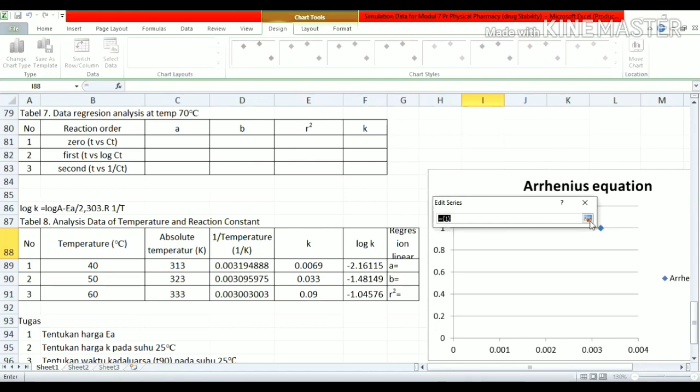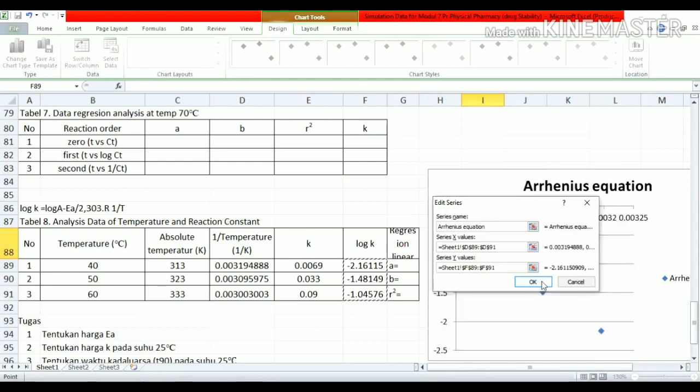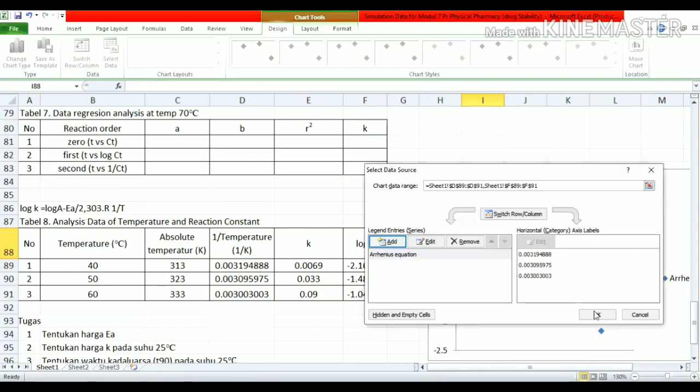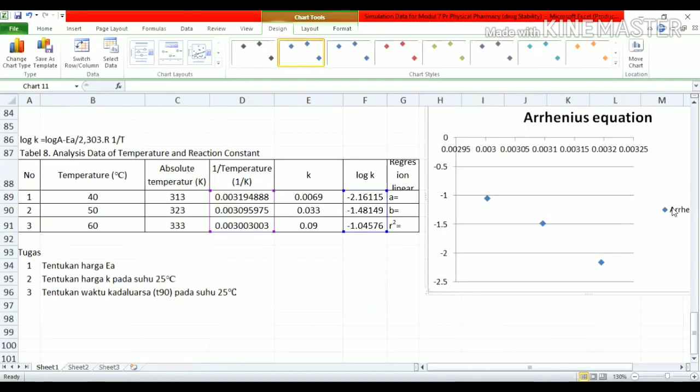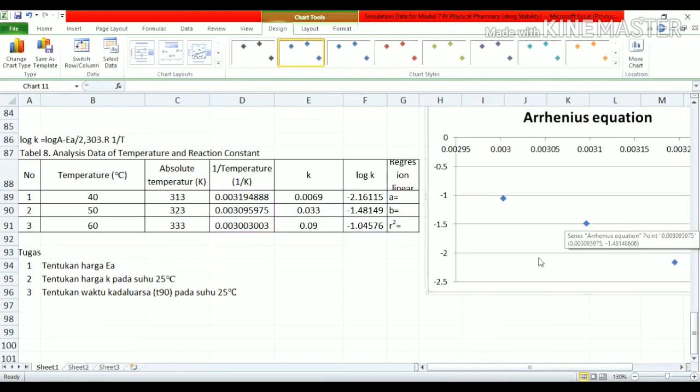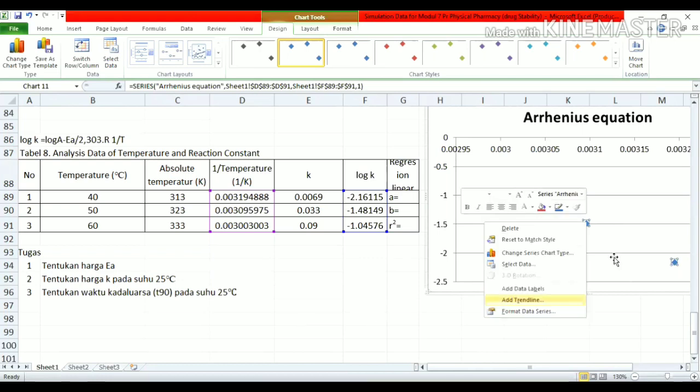The A value in this equation is the same as the number of log A, and this is the R square number. It's quite good, 0.9 something. So from this equation we can calculate the amount of log K when the temperature is 25 degrees Celsius.